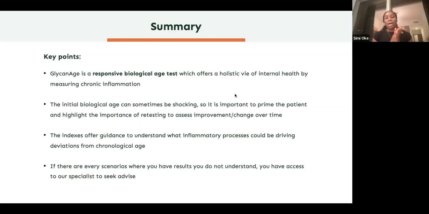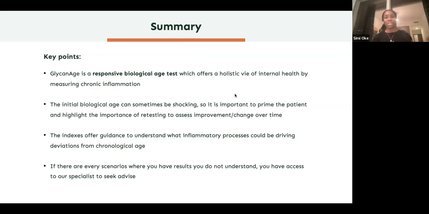Thank you. And I would just like to say to everyone who is still on the call, GlycanAge is still a growing team, but we are trying very hard to direct some of the research we're doing towards things that are becoming popular, or that there's a lack of evidence on, but are being used significantly by the population. So it is really useful and interesting to hear from you guys what the things are that are out there in practice.